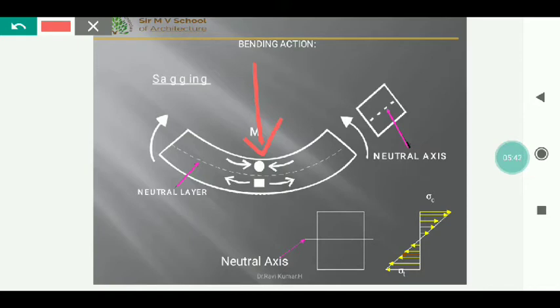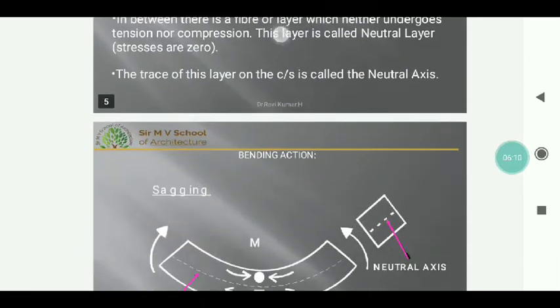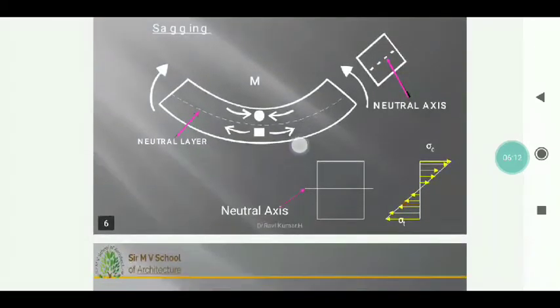In between there is a layer which undergoes neither tension nor compression. This layer is called the neutral layer, and the trace of this layer on the cross section is called the neutral axis. For doing the derivation we have to assume some criteria, that is, this is the bending behavior of a beam.